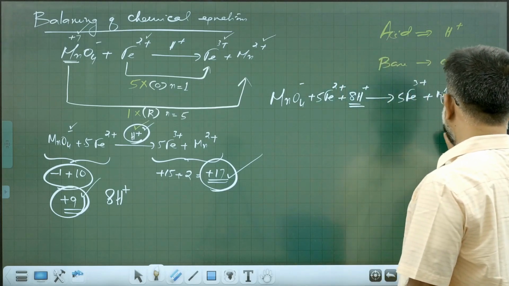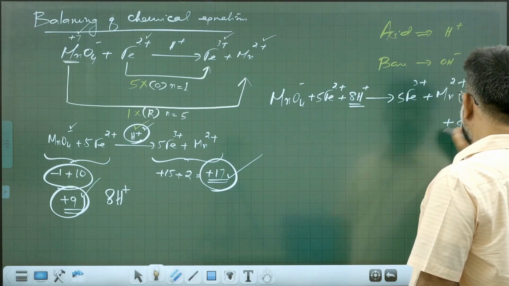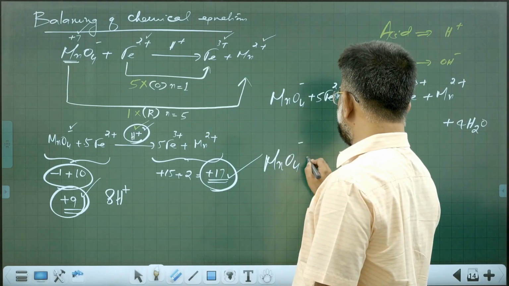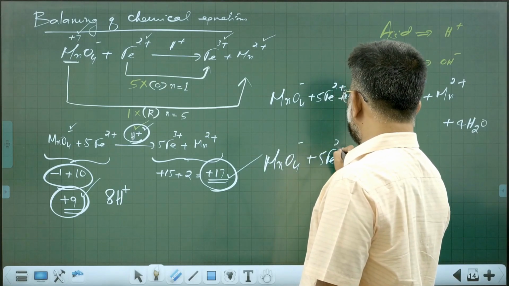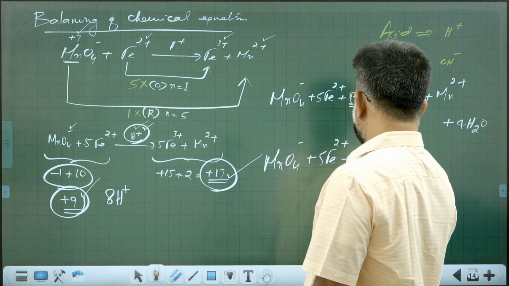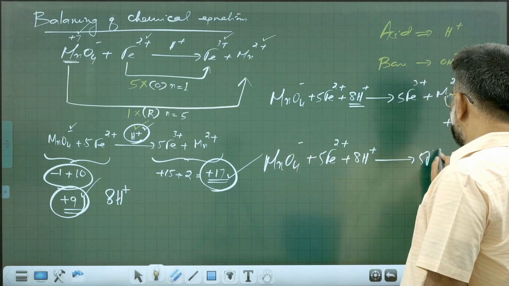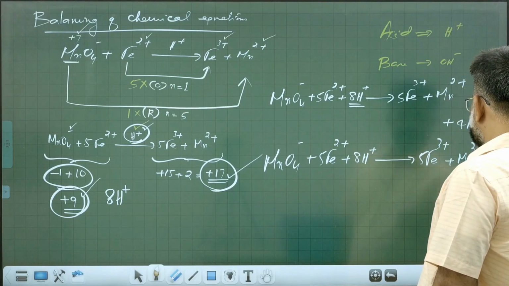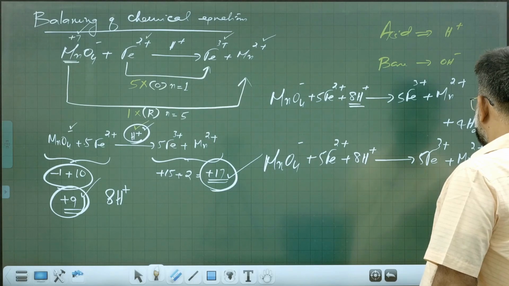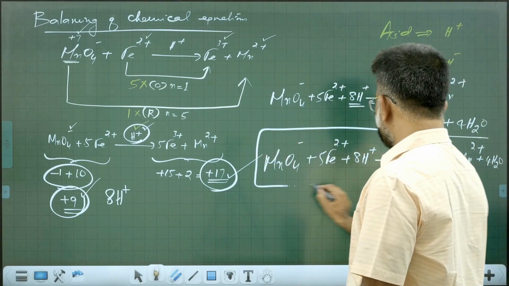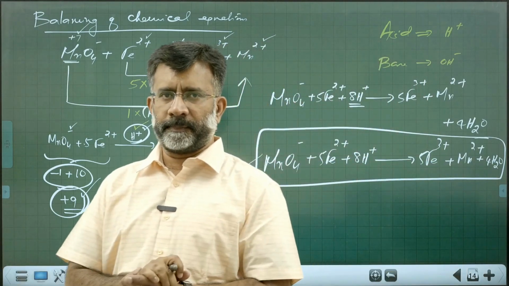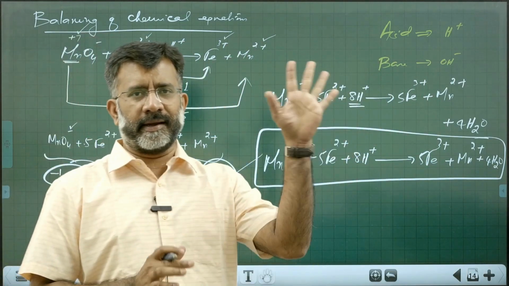So you can add 4H2O on the right hand side. You get MnO4 minus plus 5Fe2 plus 8H plus giving 5Fe3 plus, Mn2 plus, 4H2O. You can very well confirm the reaction is entirely balanced.